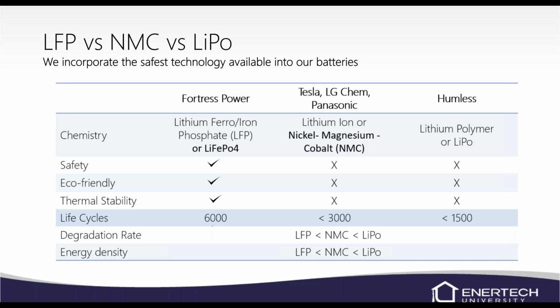And again, the life cycle is a lot greater than the LG, the Tesla, Panasonic. So we get about double the life cycle rate of the Tesla batteries. And the degradation rate on the Fortress batteries is less than these lithium ion or nickel manganese cobalt, and the LiPo, as well as the energy density.